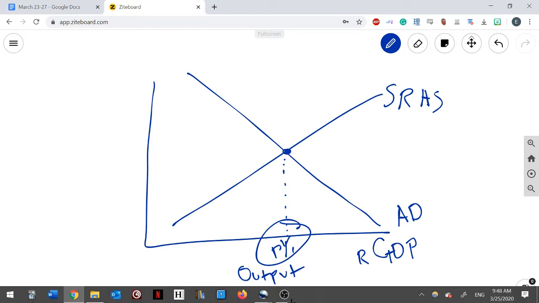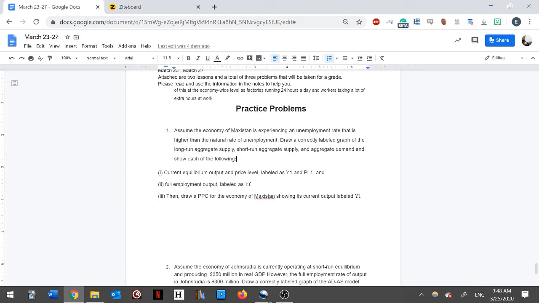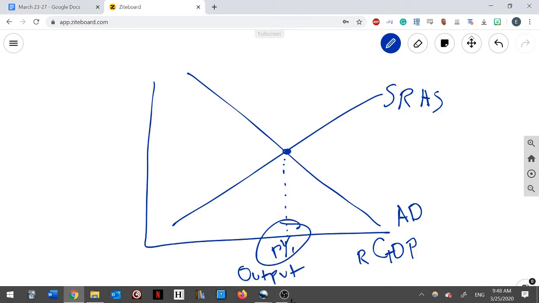So wherever that intersection is, that's where you're labeling Y1. And PL1, and PL of course stands for the price level, so that Y1 is going to be our x-axis, and that y-axis, that will be the price level 1.